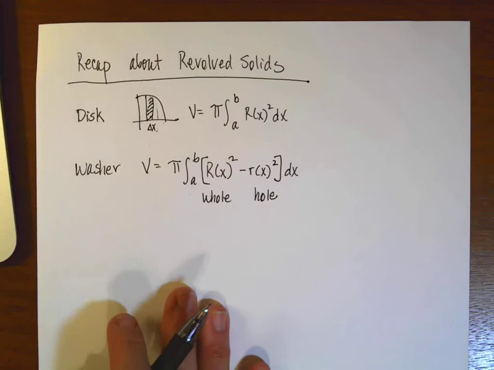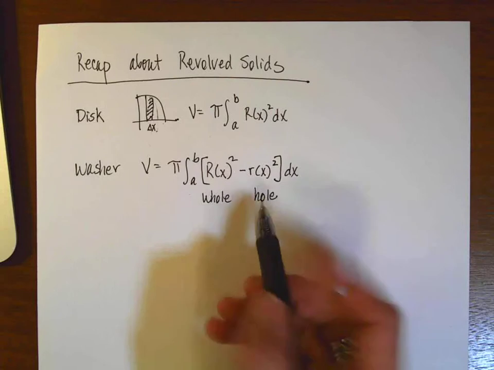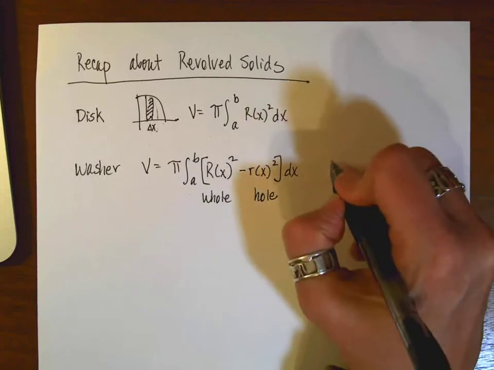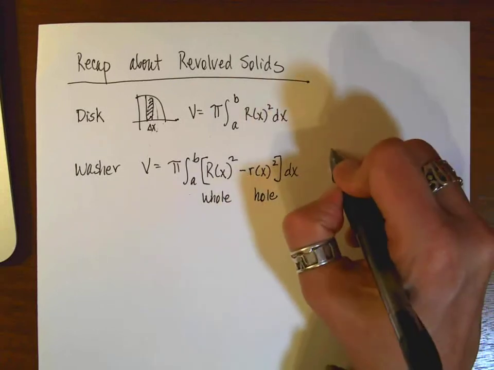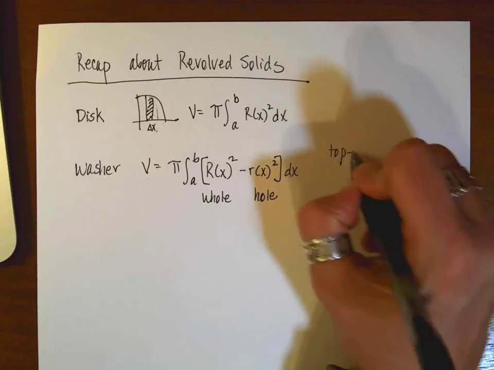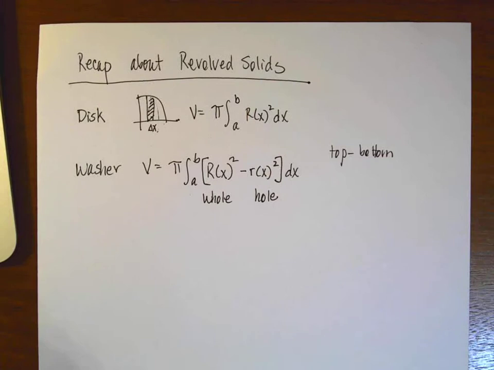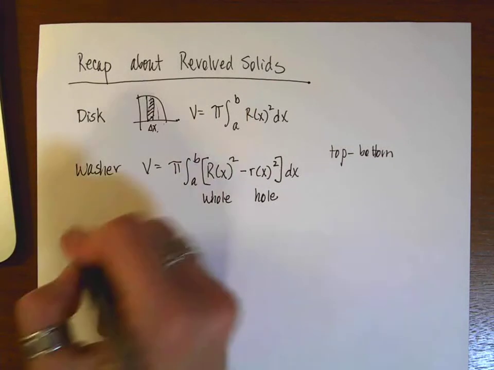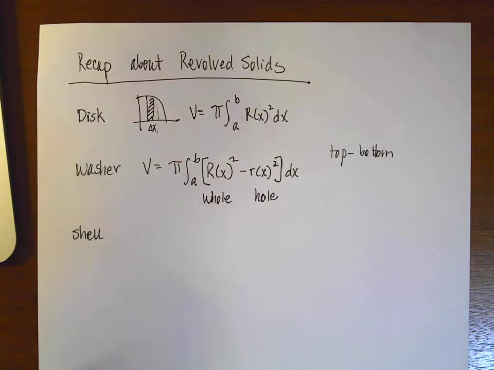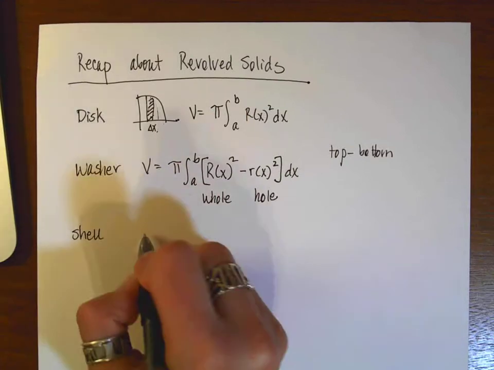So this is the whole minus the whole. And that helps me greatly when I'm thinking about what's my whole going to be and what's my little whole going to be. And remember that if I'm going with a dx, that means that I'm going top minus the bottom. Okay? And then if I wanted to do a dy, then I would do right minus left.